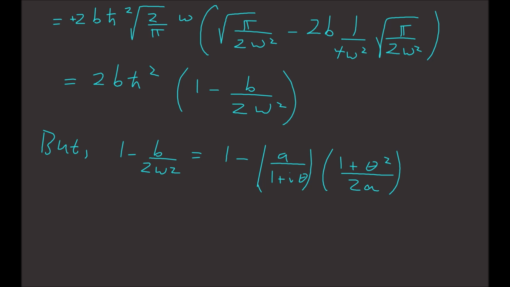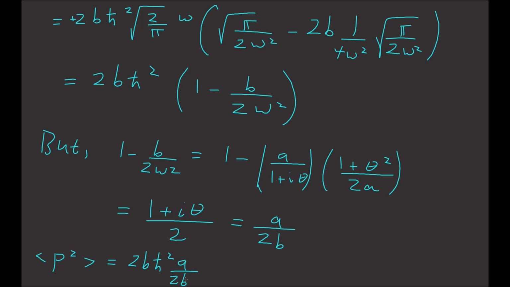Simplifying a little bit further, this is equal to 1 plus i theta divided by 2, which is the same as a divided by 2b, right? So finally, the expectation value of p squared is equal to 2 times b times h bar squared times a divided by 2 pi b, which is the same as h bar squared times a.